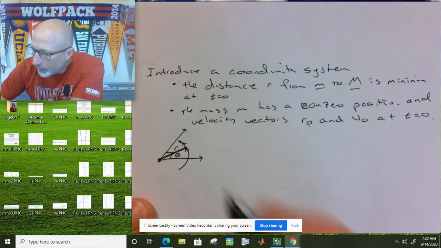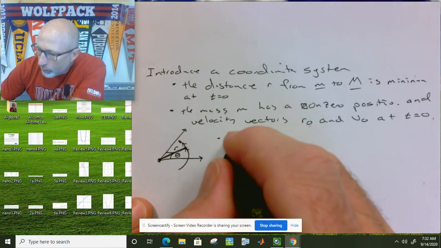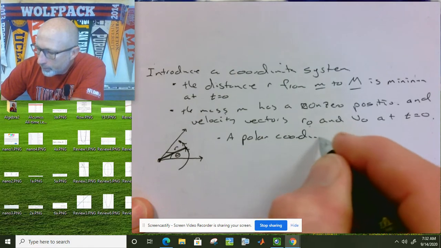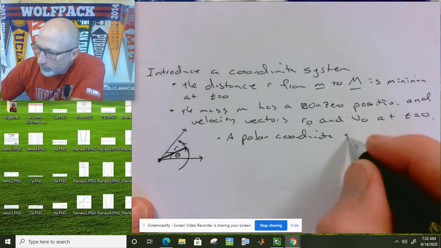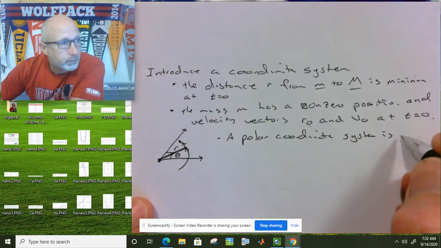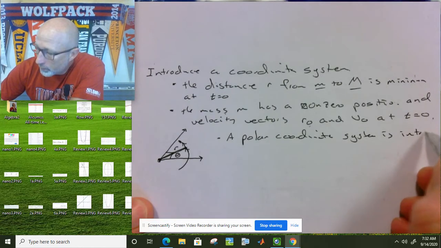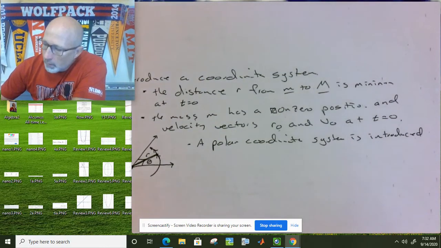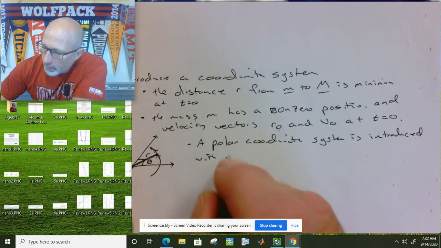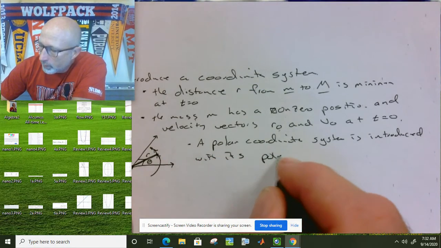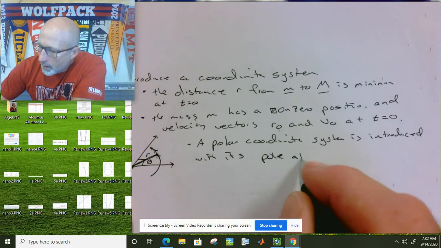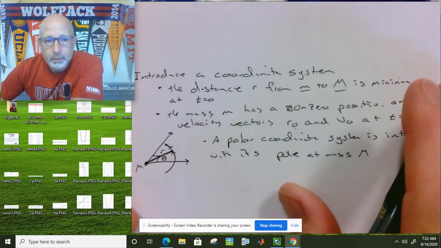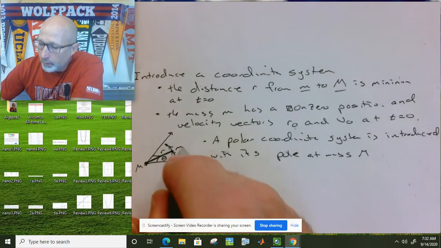Okay, the next thing. A polar coordinate system, because once again we're going to work with polar, is introduced with its pole at mass M. So once again, that's where the big M is going to be, right there, and that's where little m is going to be.